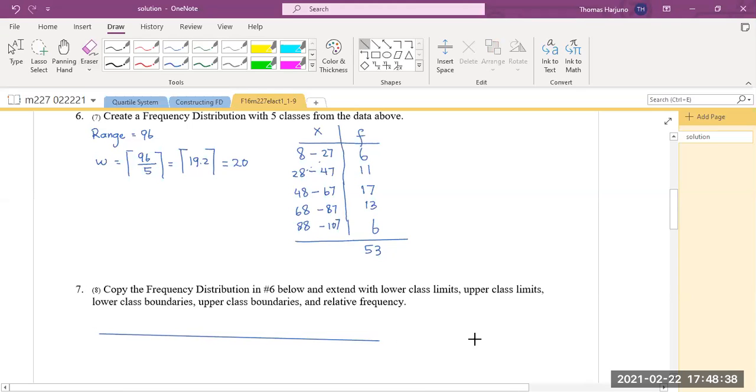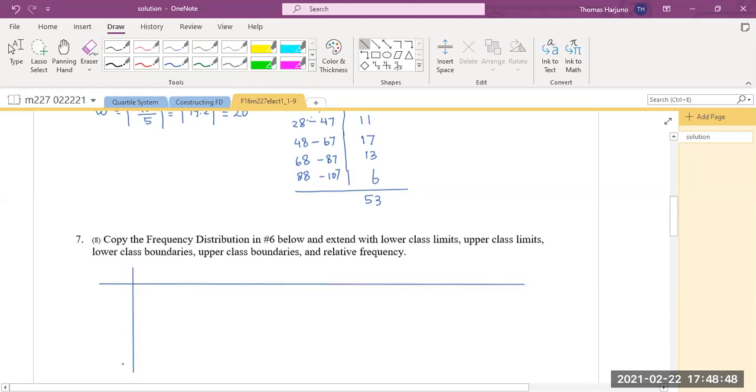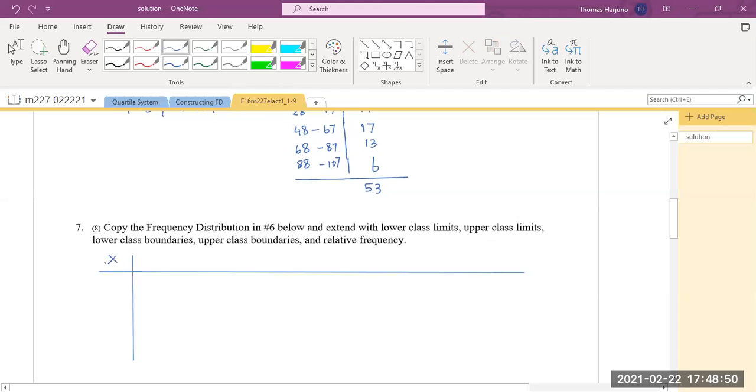And anticipate that we will extend it. So let me make it big right away. My classes are from 8 to 27, 28 to 47, 48 to 67, and then 68 to 87, 88 to 107.